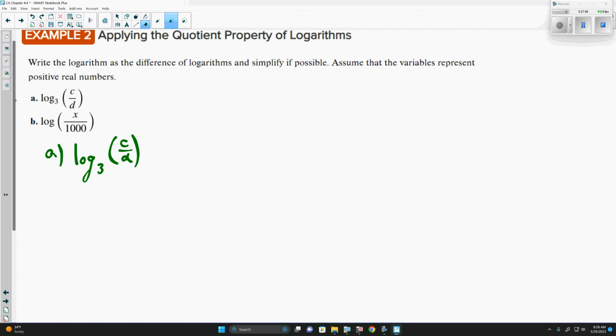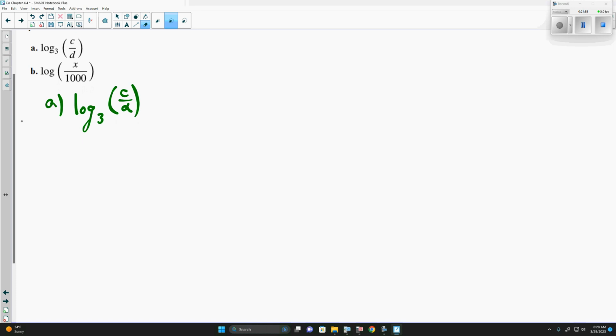But before we get to it, we have log base 3 of c divided by d. Whenever we have two things being divided inside the log, we can rewrite it as the log of those two things being subtracted. And that's it.